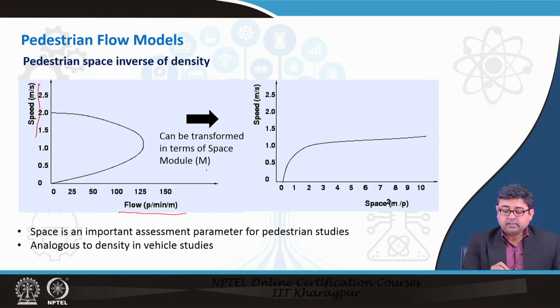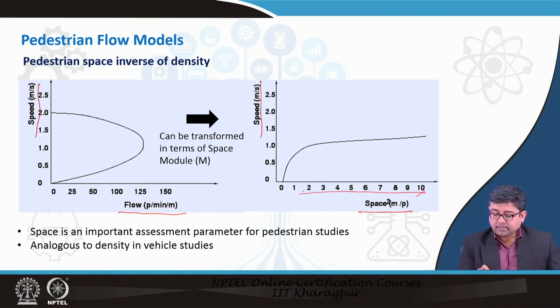Similarly, if you convert it for the pedestrian case into speed and space, we see that again, if we keep on increasing the space for each person, meaning meter squared per person, beyond a certain point the speed is no longer going to increase, because people can walk only at a certain speed.